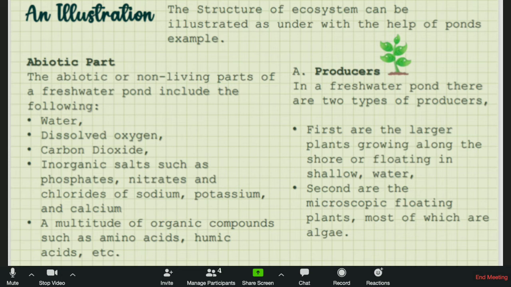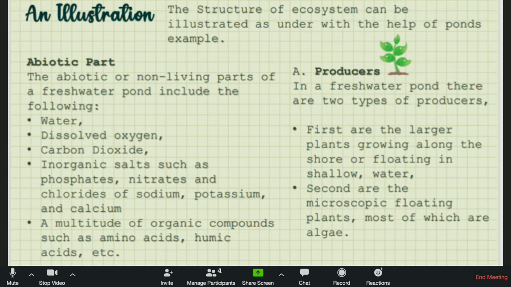Producers. In a freshwater pond, there are two types of producers. First are the larger plants growing along the shore or floating in shallow water. Second are the microscopic floating plants, most of which are algae. These tiny plants are collectively referred to as phytoplankton.